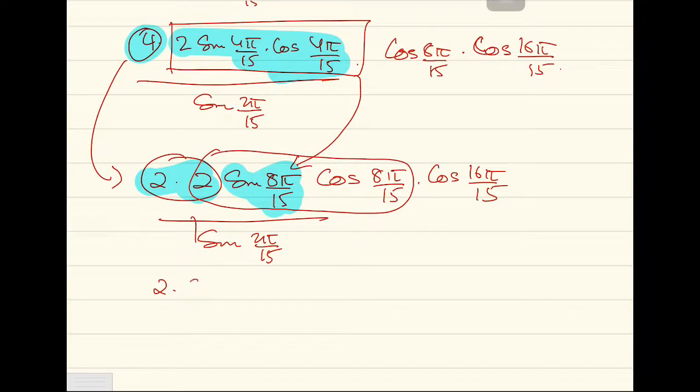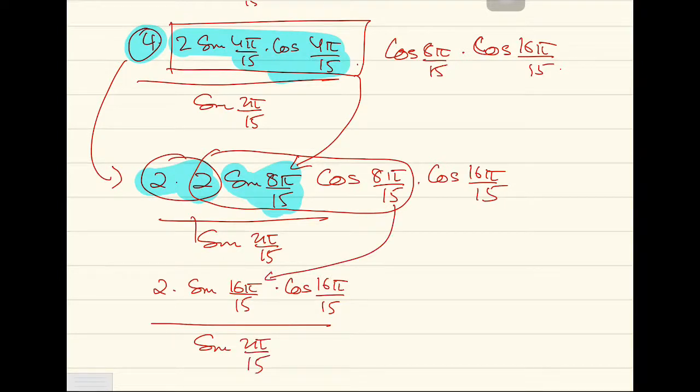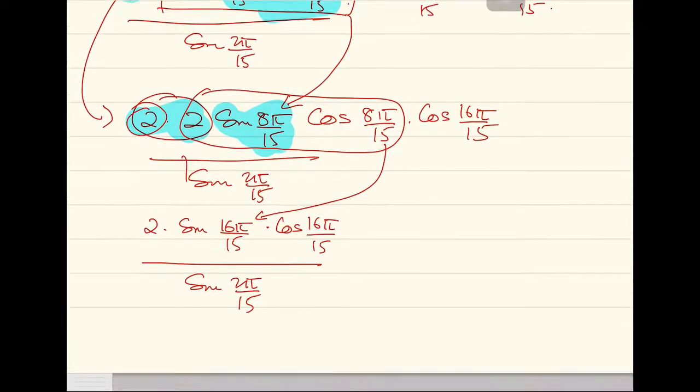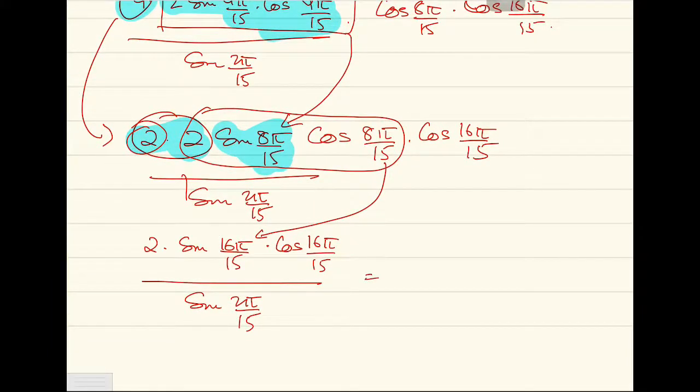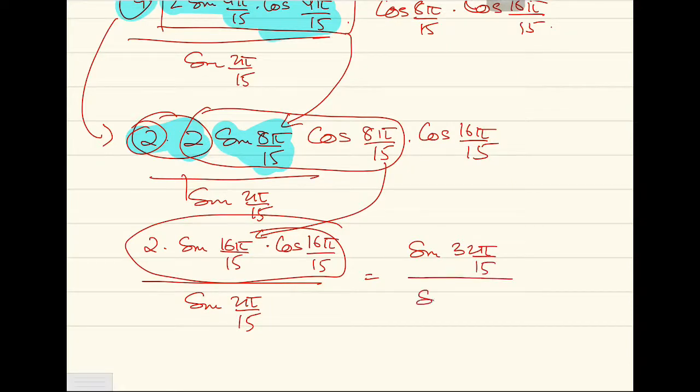Can I combine that and write down sine 16 pi by 15, double of that, along with cos 16 pi by 15, and denominator I have sine 2 pi by 15, correct? Repeat again, the circled one becomes this and the leftover 2. So again finally, now this is also a formula, and this can be written as sine 32 pi by 15, and denominator sine 2 pi by 15, correct, everyone?